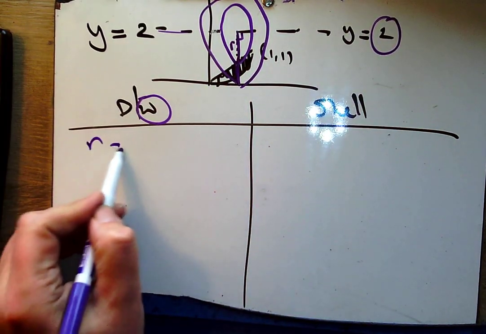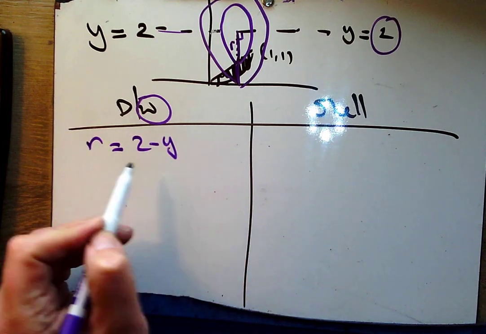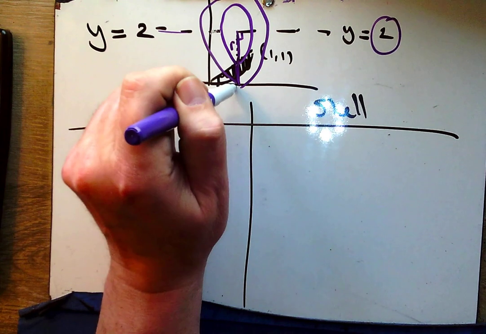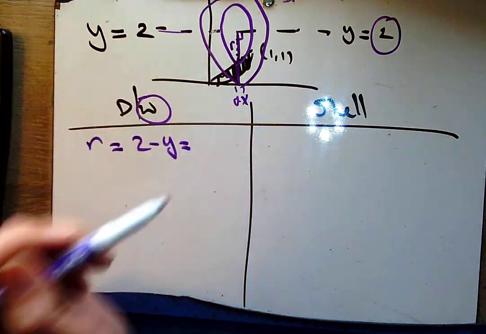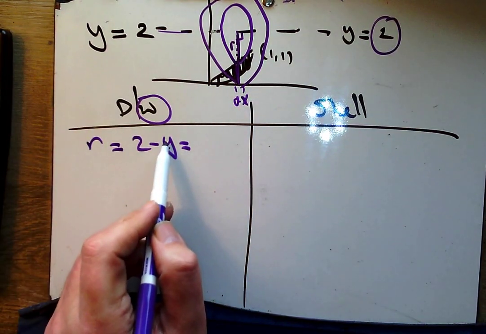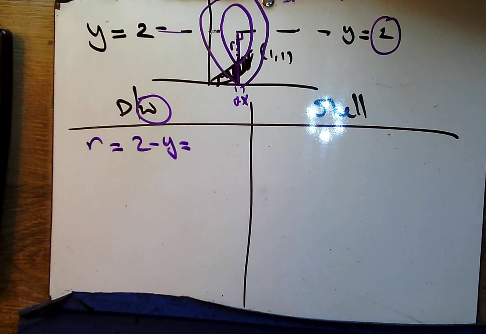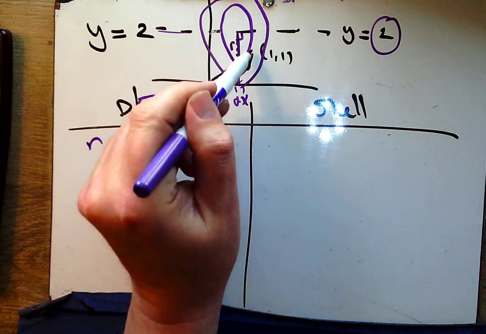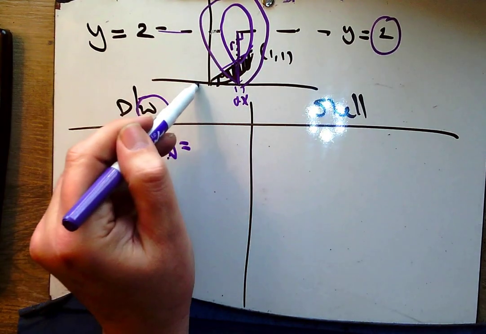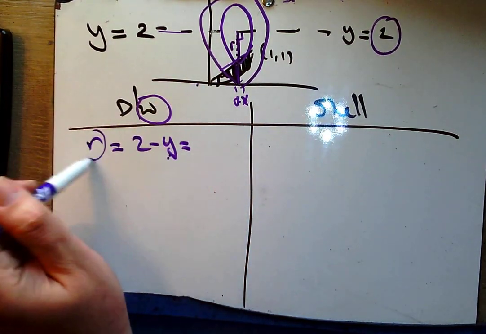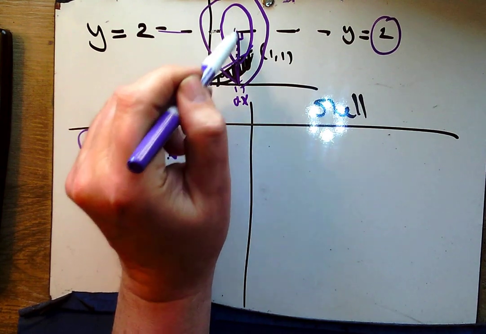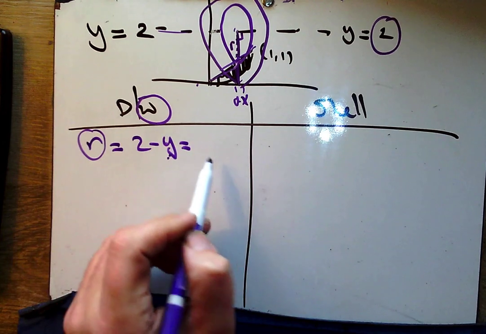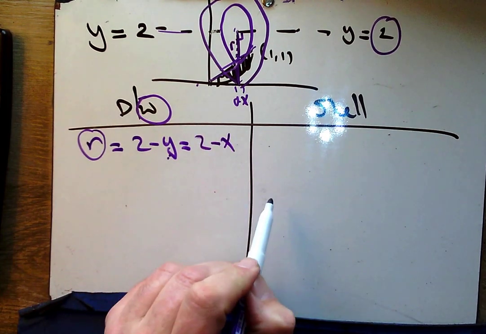So I could say that little r is 2 minus y. And since this is a dx washer, I need to get rid of that and replace it with some x stuff. But is this the y for the parabola, or is this the y for the linear equation? Well, we're doing little r, and little r is the smaller bit, and that is meeting the linear equation. So this is 2 minus x.